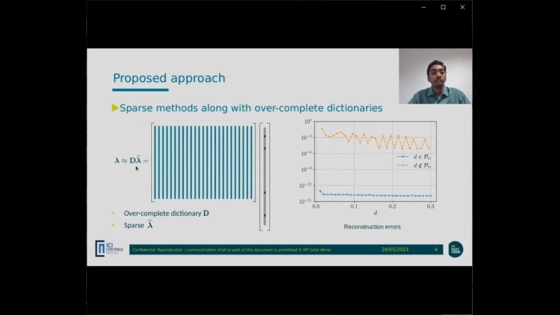Therefore, sparsity is imposed on the coefficient lambda tilde. When we try to reconstruct the errors using this kind of method, we show the errors for points outside the training set in orange color, and we see that the errors are still significant.